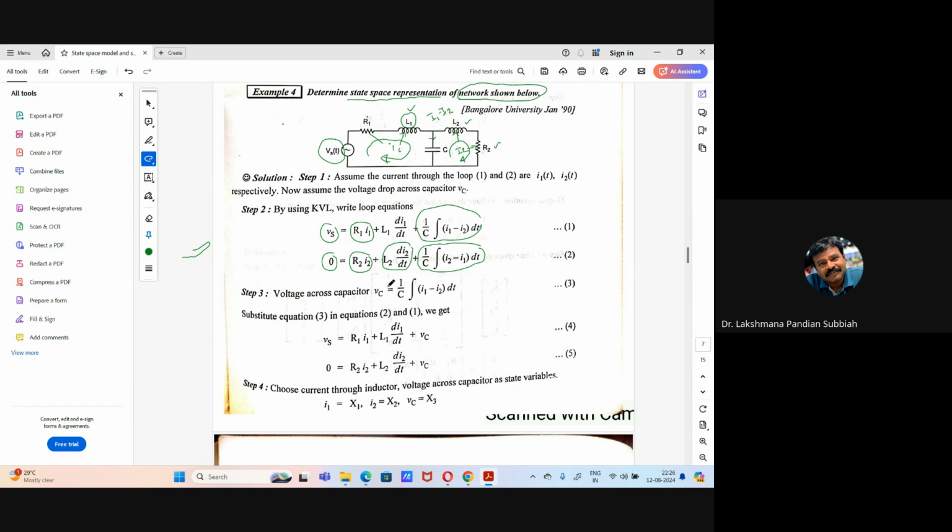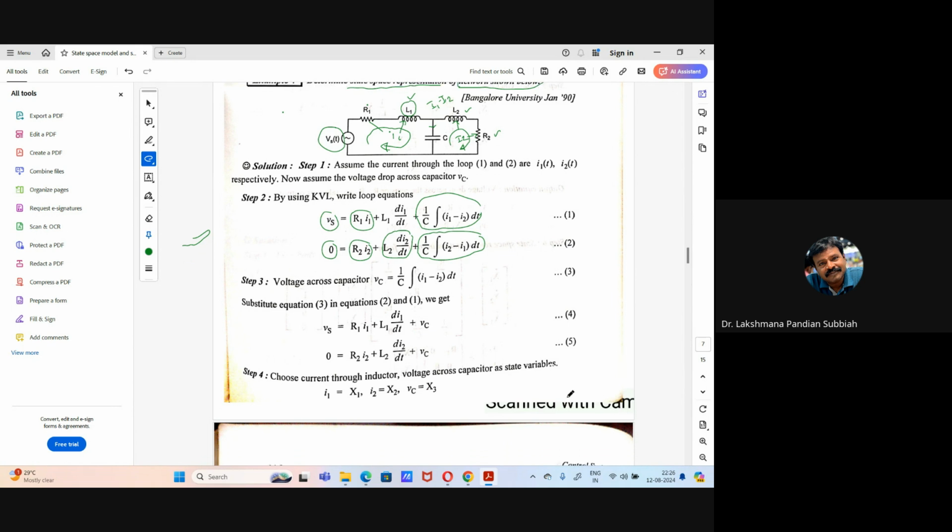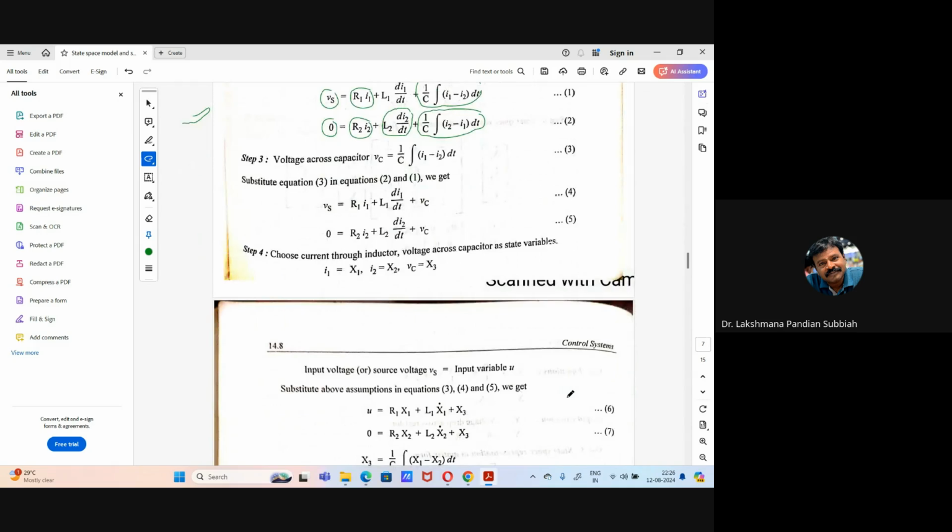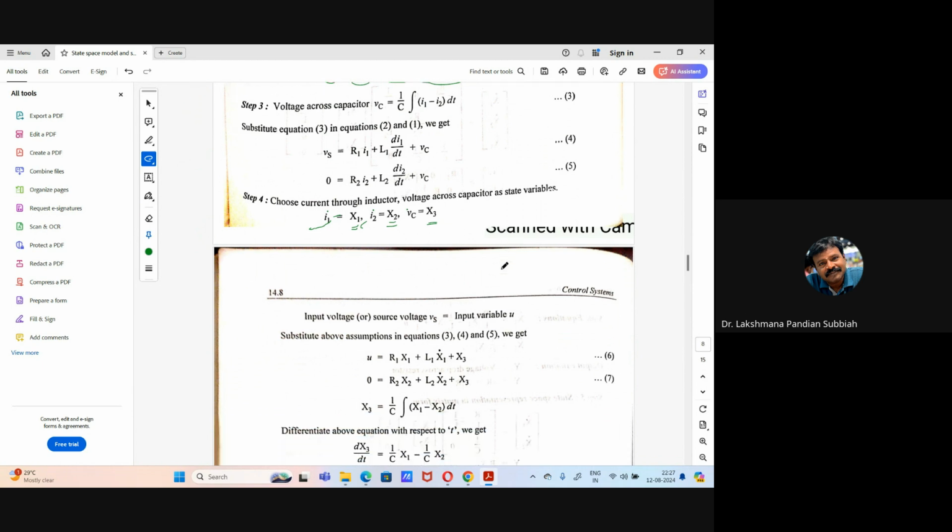So Vc is one variable and I is another variable, and you take the dI by dt on the other side. Then we write the state equations: I1 is x1, I2 is x2, and Vc is x3, so we have three variables, I1, I2 and Vc, and we need three equations.